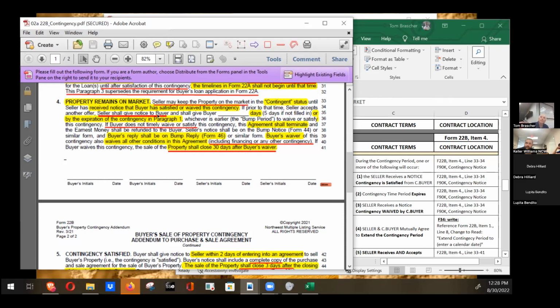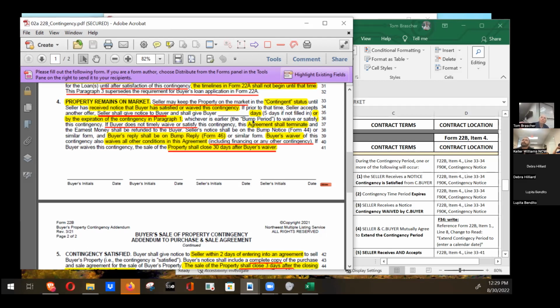Seller shall give notice to the buyer and shall give them, and they can select how many days, 5 days is default, for the buyer to make a decision, 5 days if not filled in, or by the expiration of the contingency in paragraph 1. So if the time runs out, the contract's terminated unless you extend the time by addendum 34.